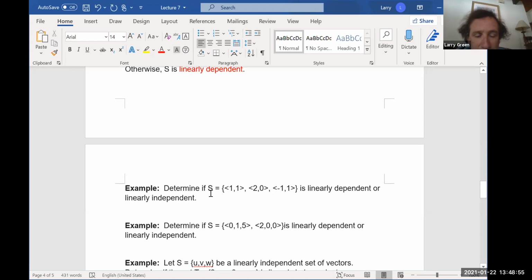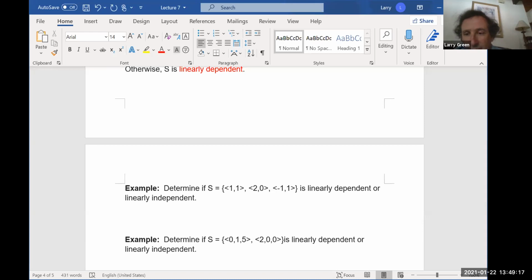So let's suppose S is the set of vectors (1, 1), (2, 0), and (-1, 1). We want to determine whether this is a linearly dependent or linearly independent set. Any questions on the question? All right, so how do we start?